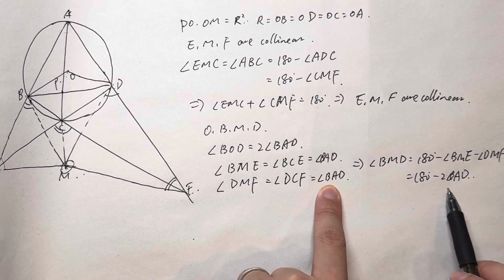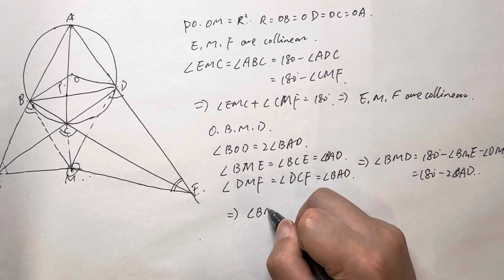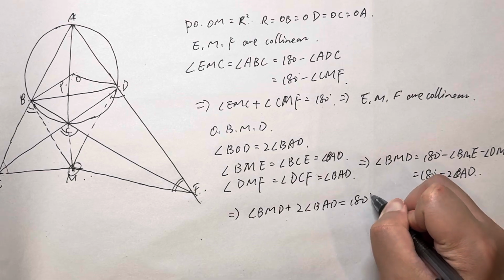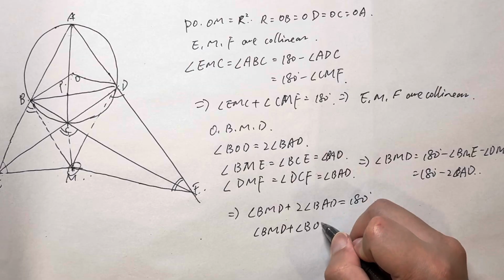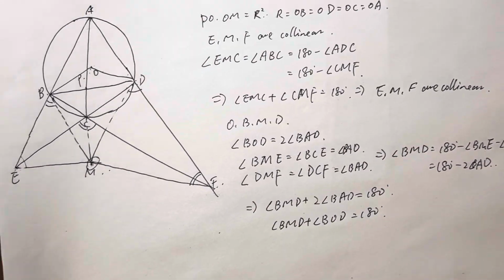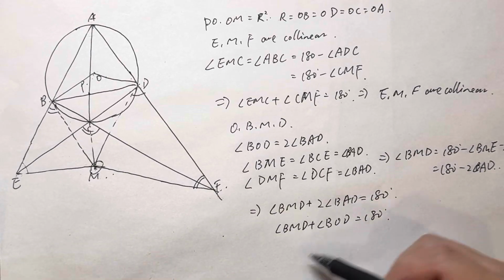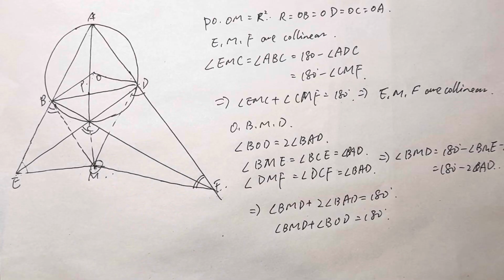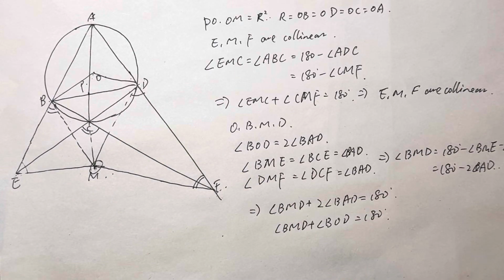So that's 180 minus twice angle BAD, which means angle BMD plus twice angle BAD equals 180 degrees, which is angle BMD plus angle BOD equals 180 degrees, right? So that is saying B, O, D, M are cyclic, because angle BMD plus angle BOD equals 180 degrees.